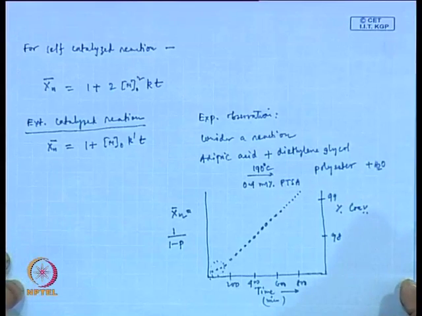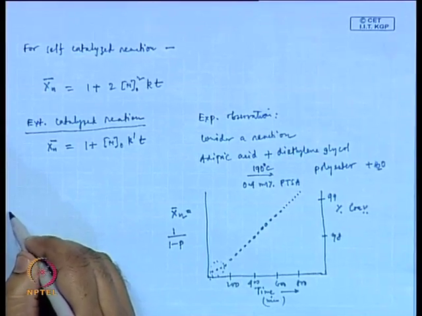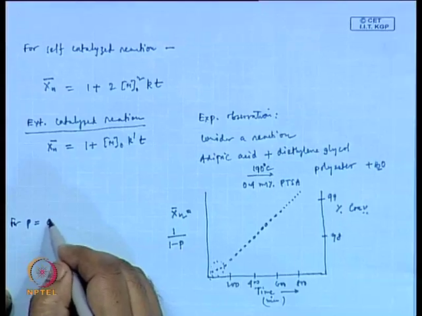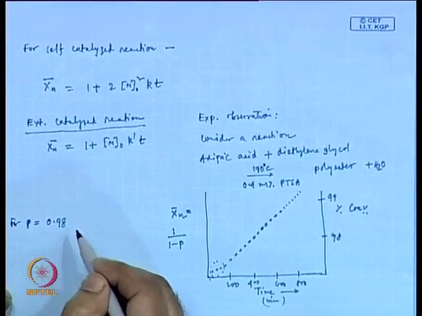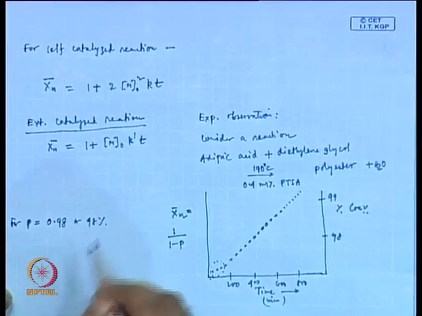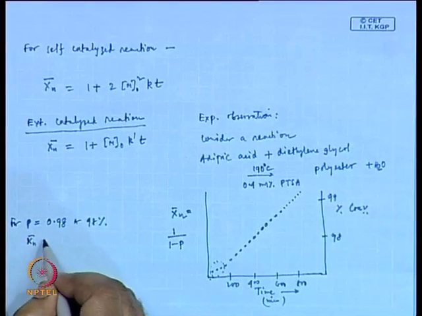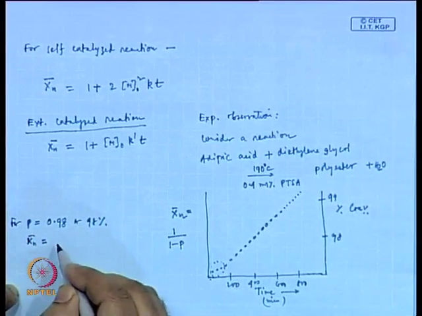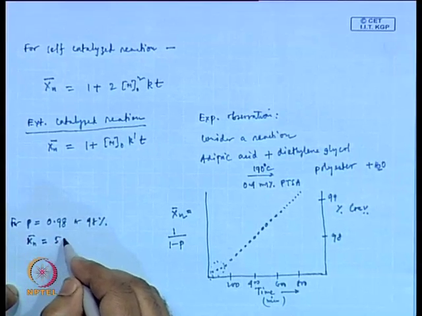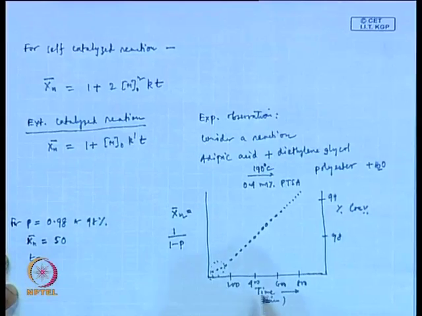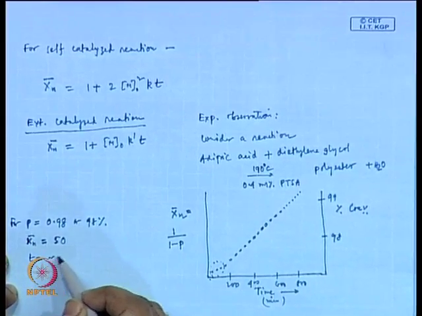So, what are the other observations we can make here? Say for a conversion P of 0.98 or 98%, which corresponds to an Xn bar of 50, T is say around 450 minutes.